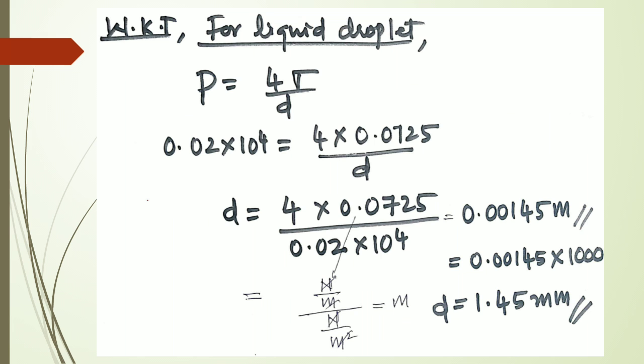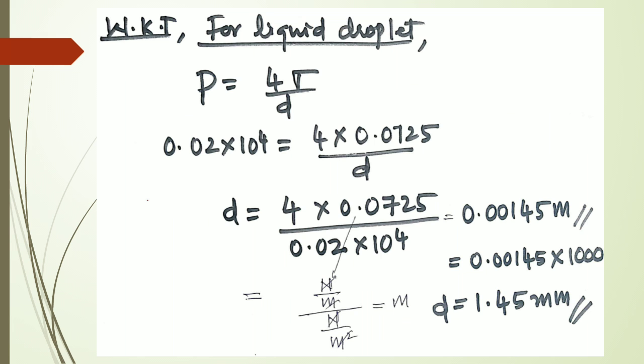You just have to write the value 8. Okay. So P is equal to 4 sigma by D. P is known to me and sigma is known to me. Calculate the diameter. Okay, so therefore D is equal to 4 into 0.0725 divided by 0.02 into 10 raised to 4. So it is 0.00145 meter.